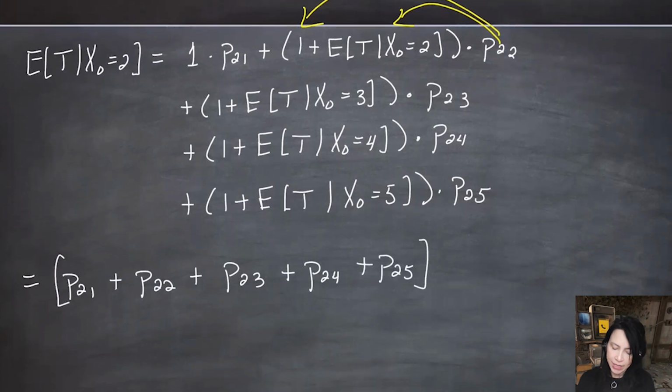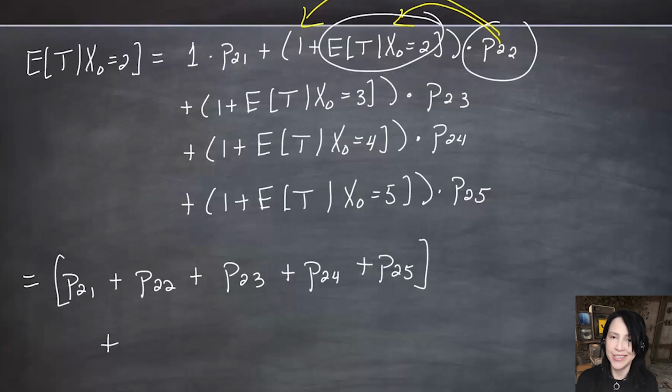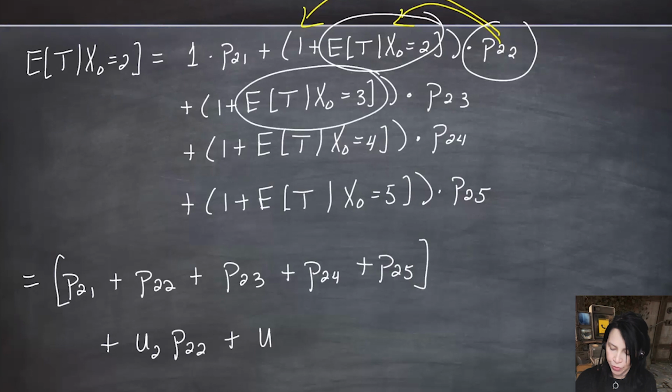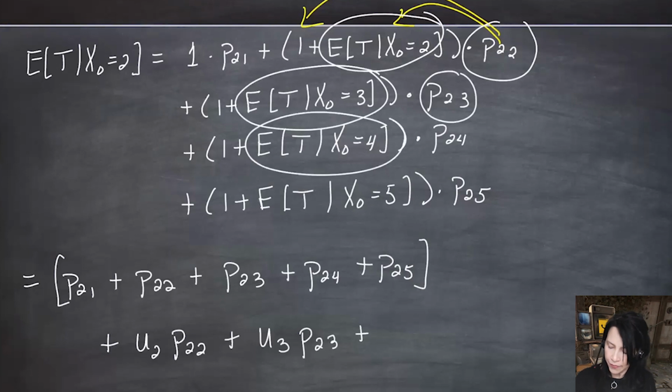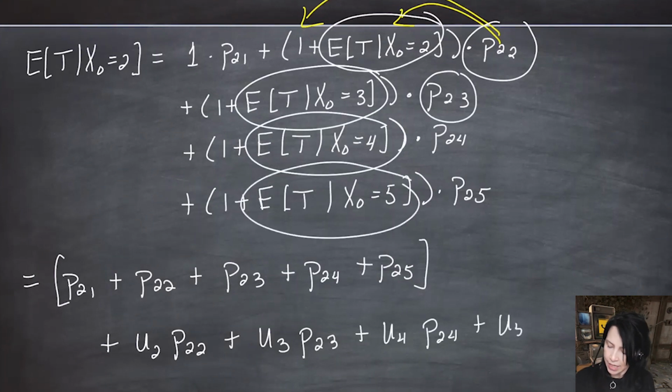And then I have the rest of the stuff, which is this expectation times p to 2. Now that expectation, we have a name for it, and it is u2. So this is u2 p to 2 plus this expectation, which is u3 times p to 3 plus u4 times p to 4 plus u5 times p to 5.